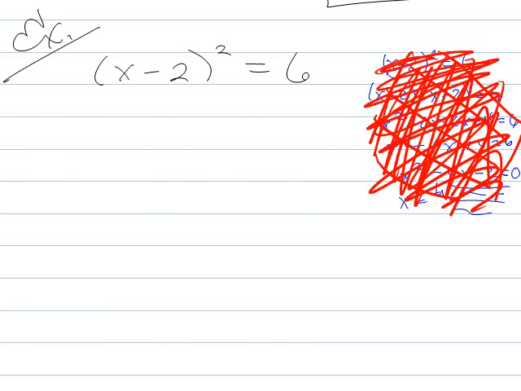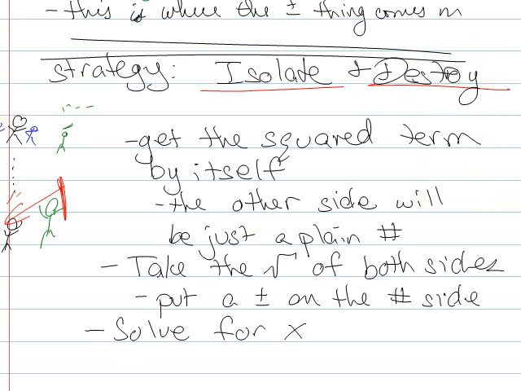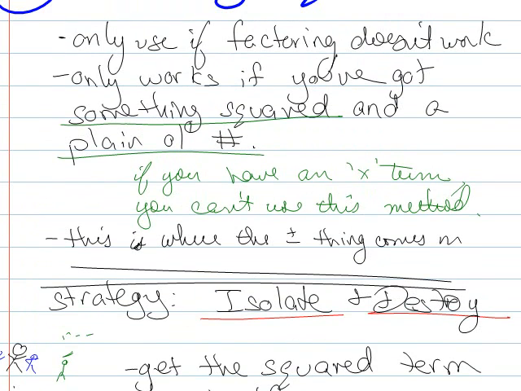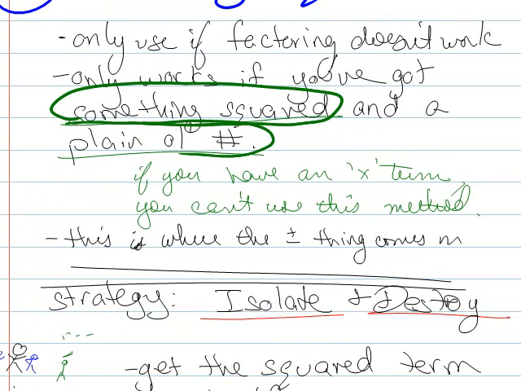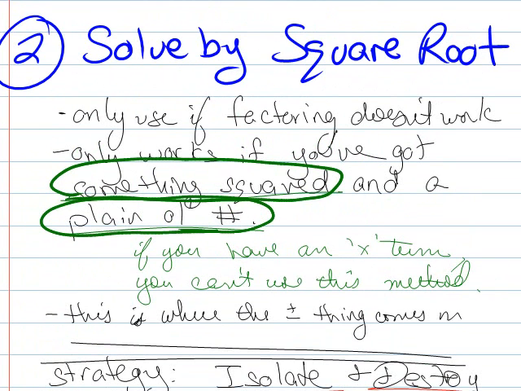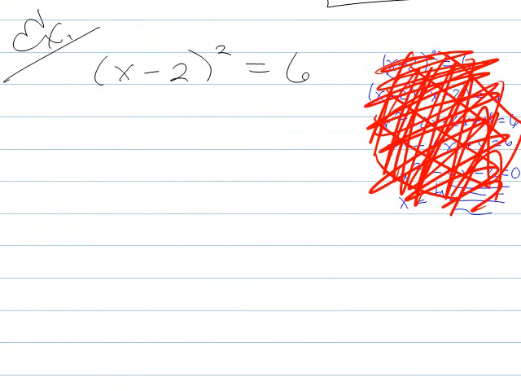Remember now, when we talked about the square root method, we said that as long as we had something squared and a plain old number, we could do this. As long as we had something squared and a plain old number, this would work. So that's what we have here.